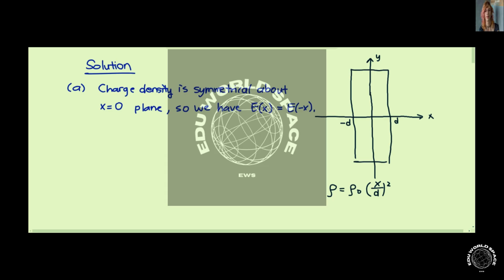We also recognize that for x greater than 0, E is pointing in the positive i hat direction, and for x negative, E is pointing in the negative i hat direction.